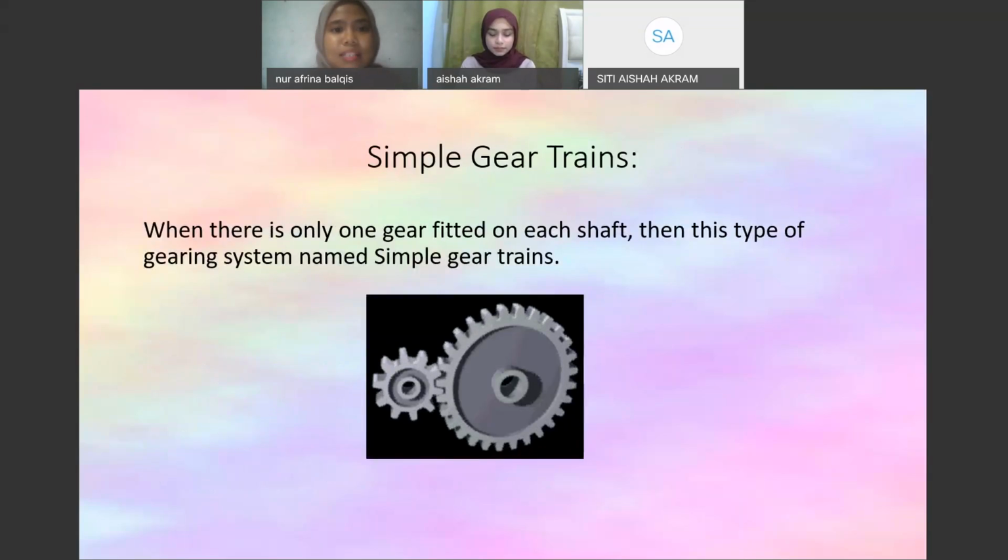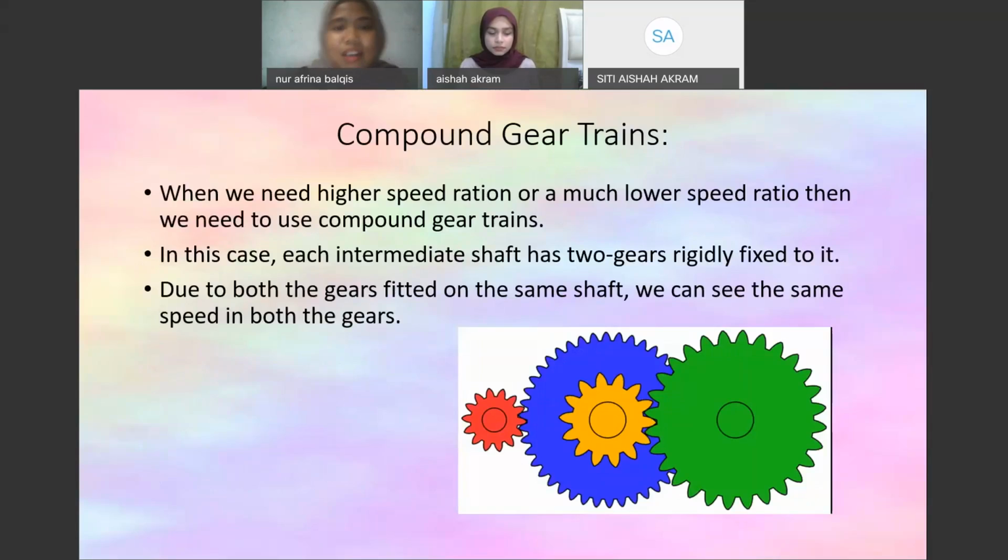Next, simple gear trains. When there is only one gear fitted on each shaft, this type of gearing system is named a simple gear train. Compound gear trains: when we need a higher speed ratio or a much lower speed ratio, we need to use compound gear trains.